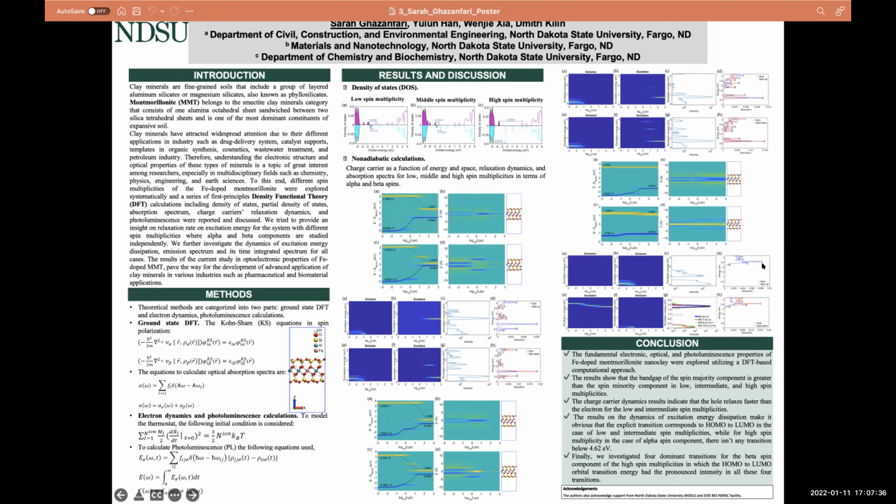I have no comments, but Sarah said that about the acknowledgement part, maybe she can add what she used, like if NERSC or NDSU are related, or if you have funding from a professor, that also goes in the acknowledgement part.